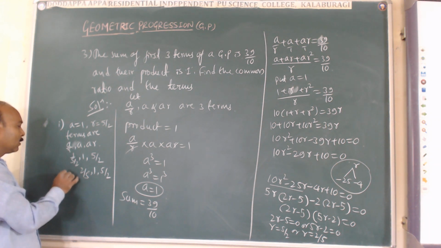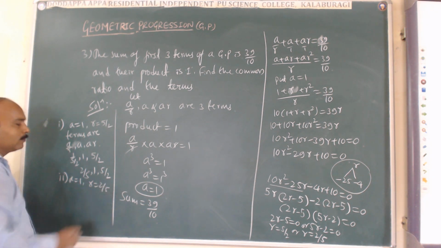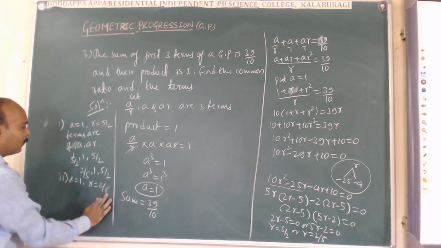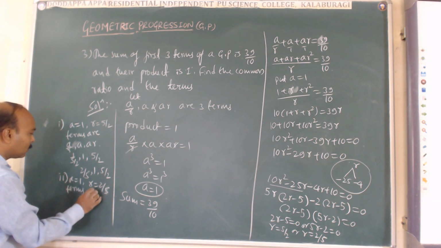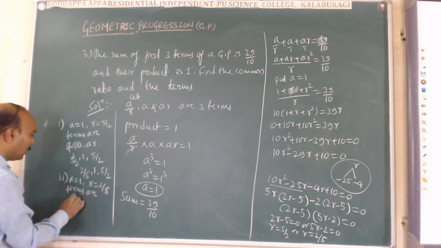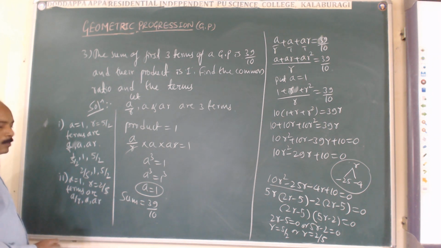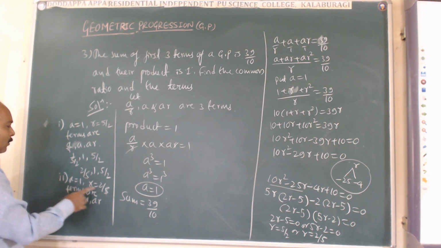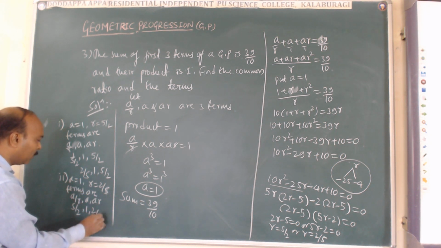Second, we go for a is 1, r is 2 by 5. It is the second value of r. Then the terms are again a by r, a, ar. For this, substituting this a value 1 and r is 2 by 5, we get 5 by 2, 1, 2 by 5.